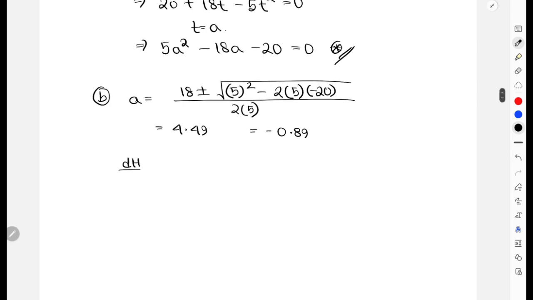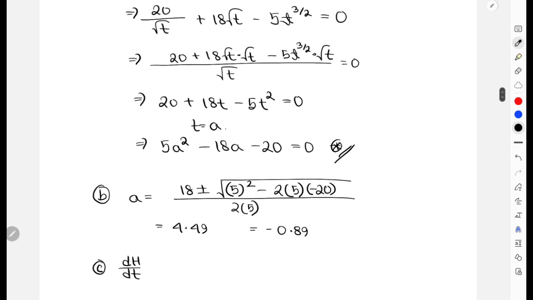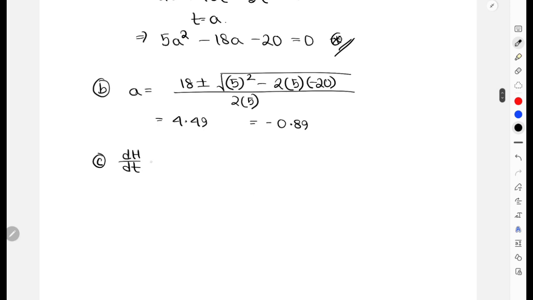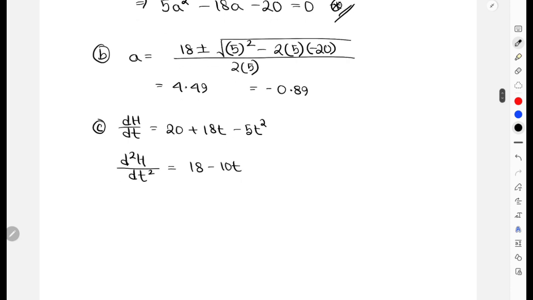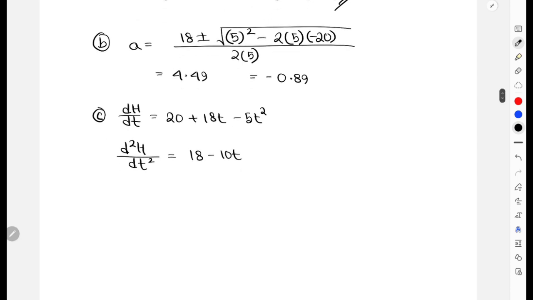So far we know dh by dt is what? This one: 20 plus 18t minus 5t square. So d square h by dt square, the double differentiation, will be just 18 minus 10t, where the value for t is now 4.49.